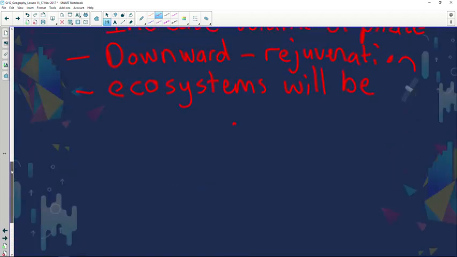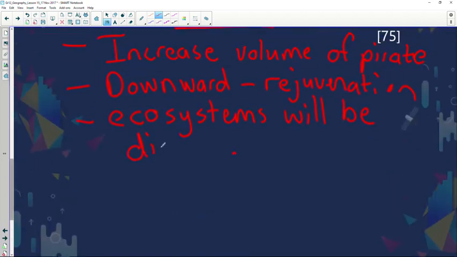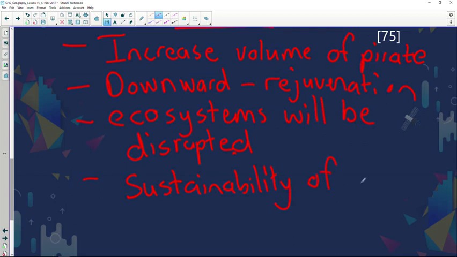The ecosystems will be disrupted because now where the stream dries up, where they're going to get the water from. Another reason that we can add over here, the sustainability of the misfit stream is reduced.